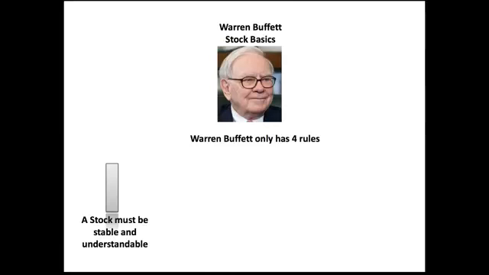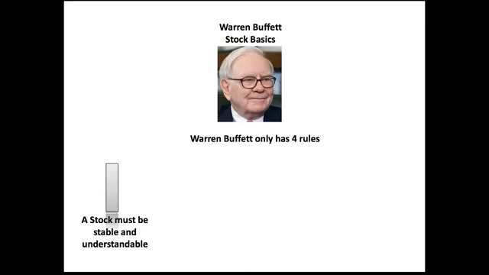So the first rule is that the stock has to be stable and understandable. For a lot of people, they're attracted to a stock that might be volatile because it might have huge rewards in the end, even though there's a lot of risk associated with it. The reason Warren Buffett isn't attracted to a stock like that is because he knows that a stable and understandable stock is something that he can actually calculate.